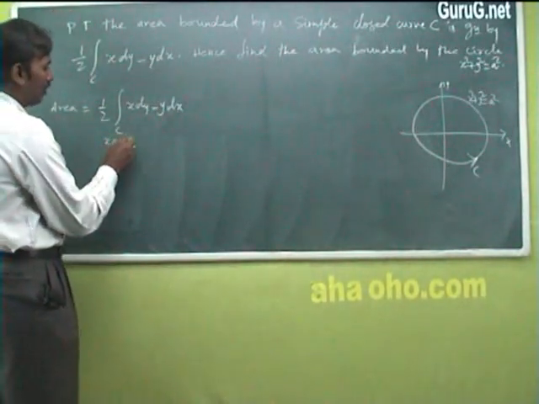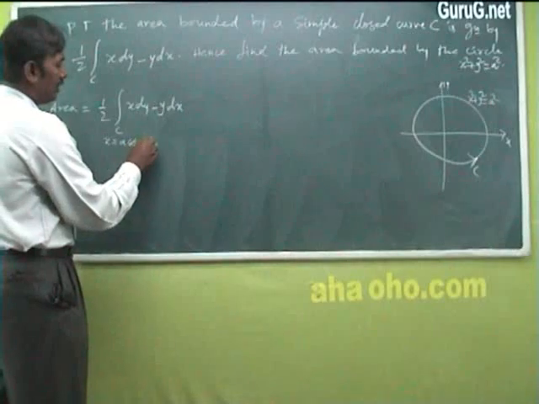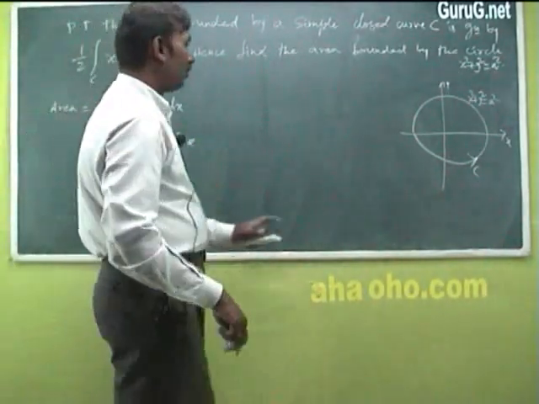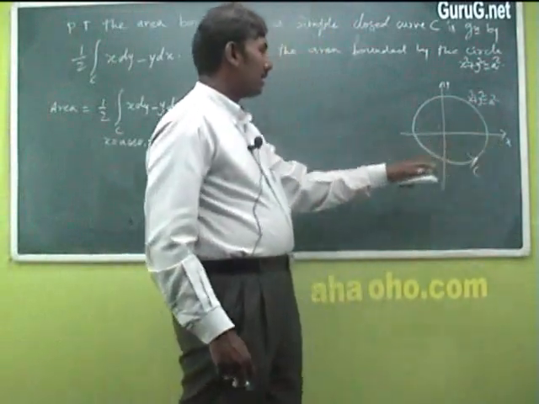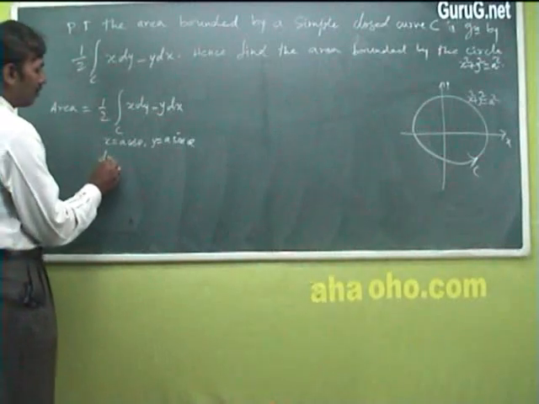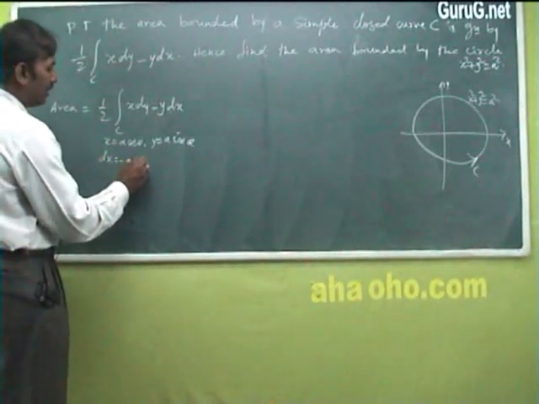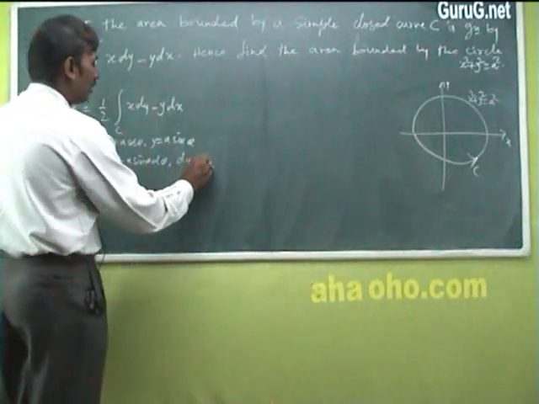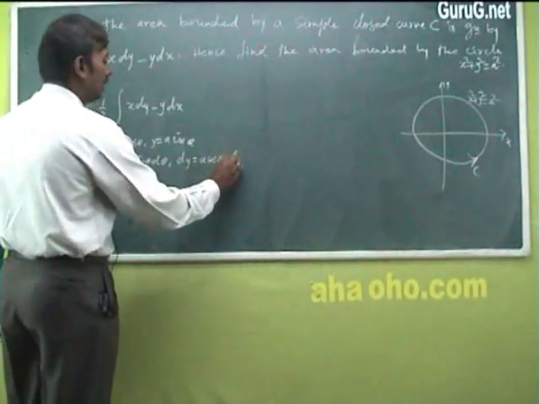So we know these results: x equal a cos theta and y equal a sin theta. So we have x squared plus y squared equal to a squared, a circular equation. What is dx? dx is minus a sin theta d theta. Then dy equal a cos theta d theta.